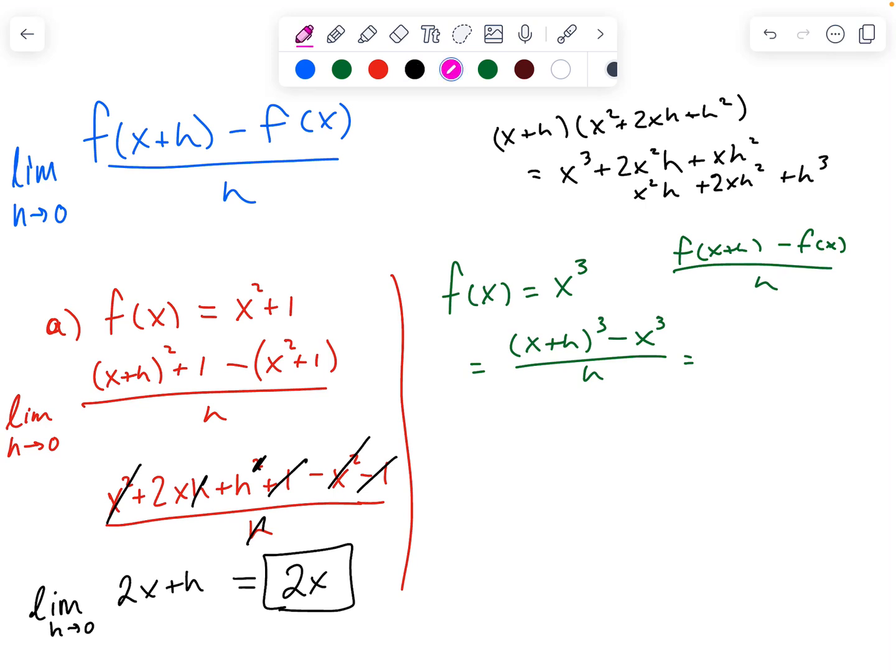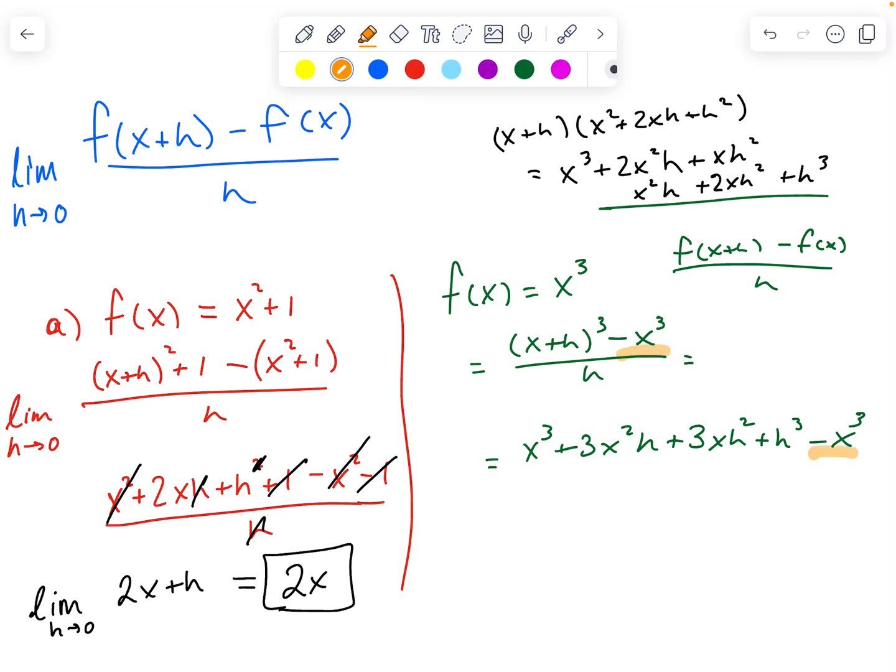This is going to get me x cubed plus 3x squared h. Actually, let me do this. This is going to be x cubed plus 3x squared h plus 3xh squared plus h cubed minus x cubed, over h. Now we start canceling out.